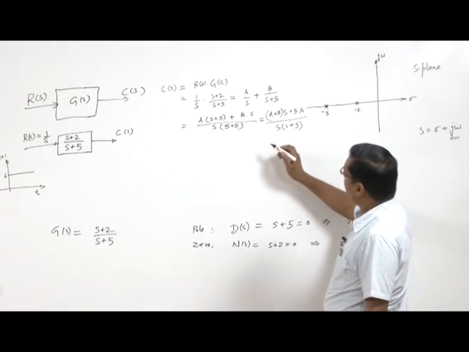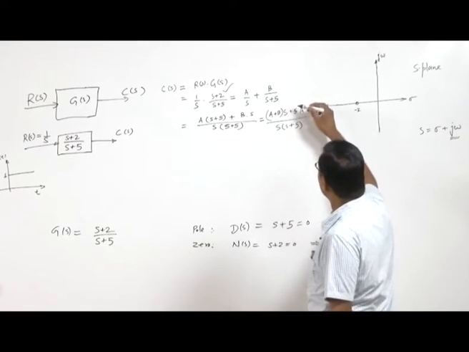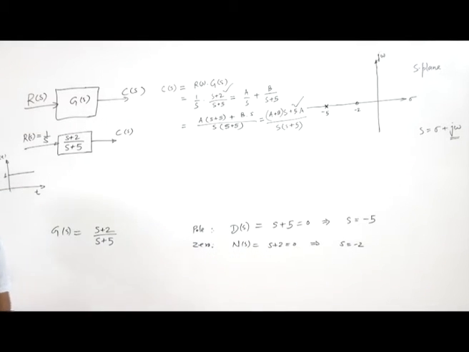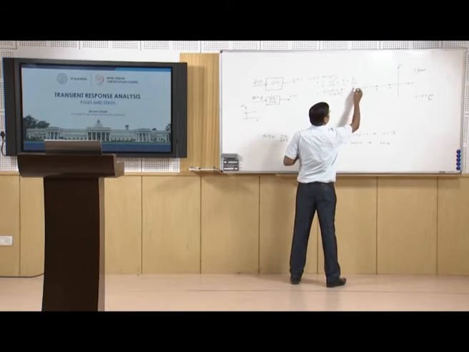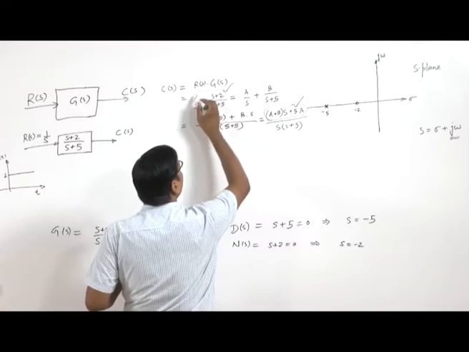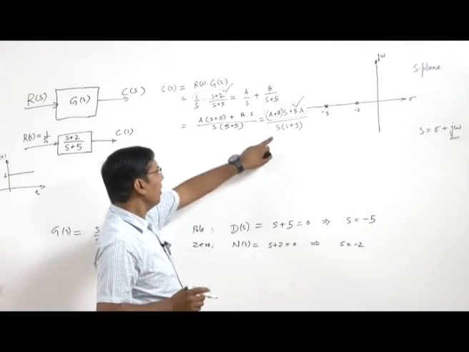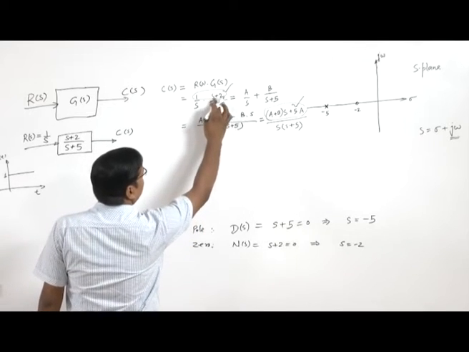Now we compare this and this. The denominator is S(S plus 5) and the numerator here is S plus 2.